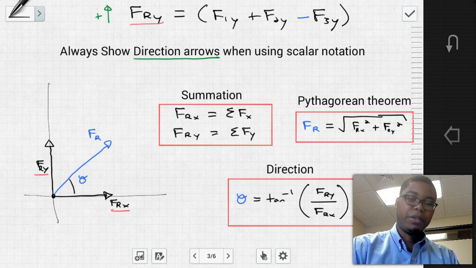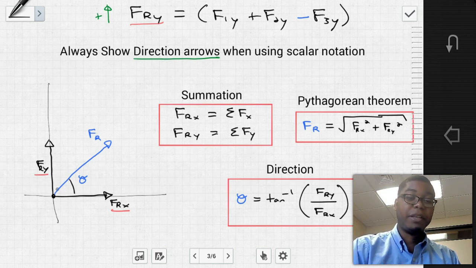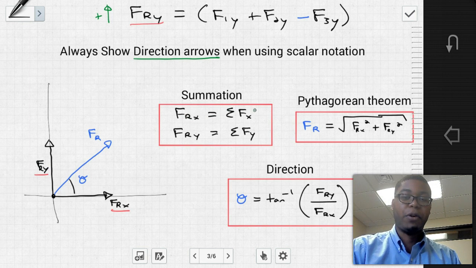If we're trying to find the resultant force of a system of forces, and we want to find that force resultant R, we can describe it as the resultant component in the x direction and the resultant component in the y direction, where the resultant component FRx is the sum of all the components of force of the system of forces in the x direction, and FRy is equal to the sum of all the components of forces in the y direction.